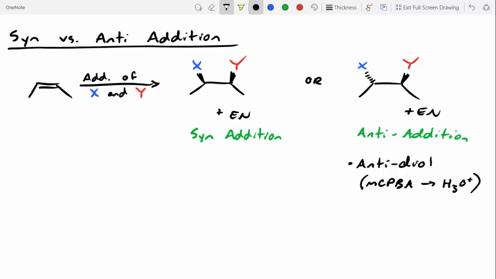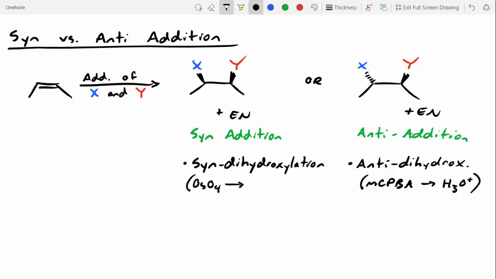What if we want syn-diols? Or syn-dihydroxylation? I should be calling these dihydroxylations, sorry. Yeah, osmium tetroxide, followed by some sort of reducing agent.